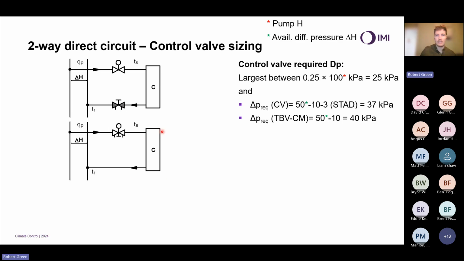And the reason we want to size it for the largest is we're not adding any additional pump head to that. We have an available of 50. So let's make sure we make it as efficient as possible. And actually, it sounds a bit backwards, but the higher the pressure drop in the control valve is, the better control you're going to get. And we want to optimize it, so we don't want to exceed that minimum available head.